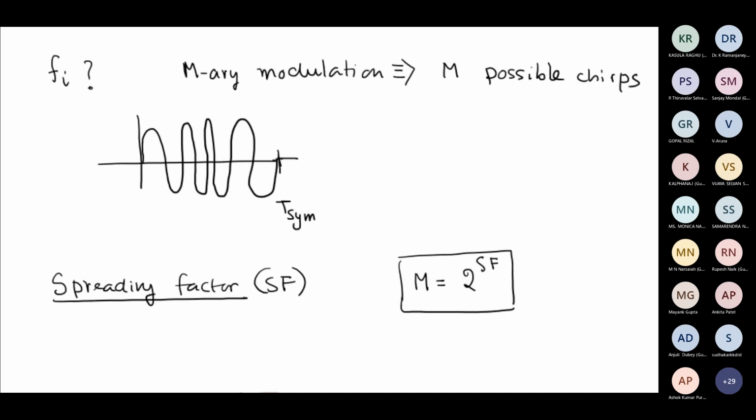So we have an M-array modulation scheme of which each symbol is carrying SF bits. So SF is nothing but log base 2 of M. The spreading factor is the key parameter, and it has taken quite a foothold in the literature on IoT and literature on LoRa, because LoRa defines its signal characteristics almost purely in terms of the spreading factor.